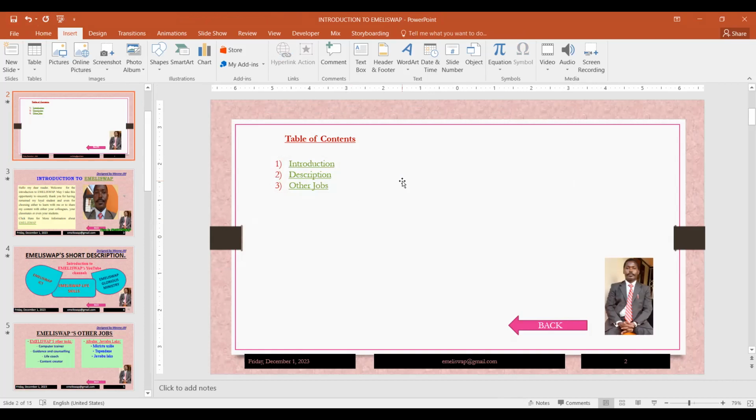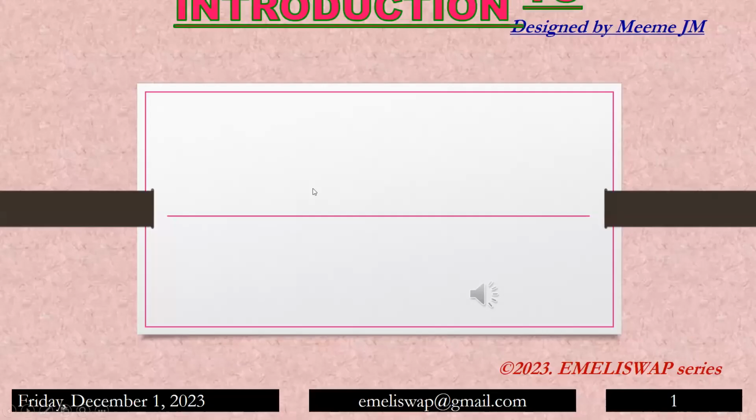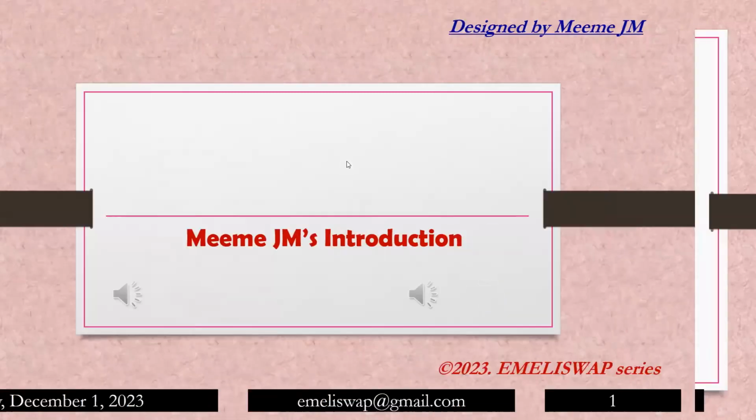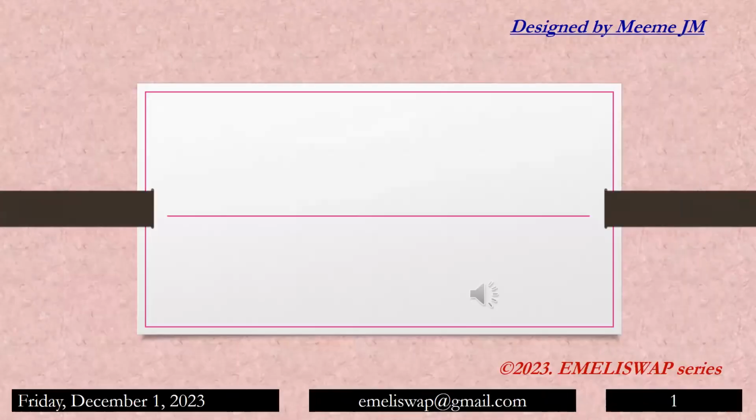Now, if I want to run this show, I click from the beginning and then I move to the second slide. So if I want to take my audience to introduction only, I'll click on introduction.